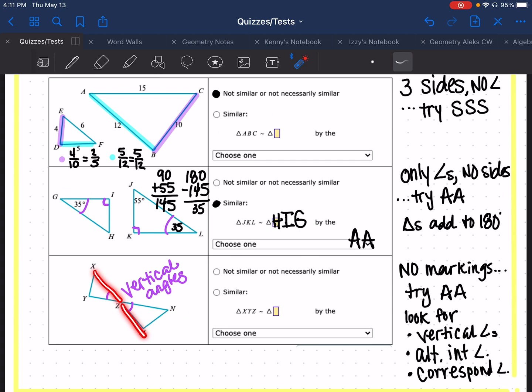These two sides intersect at Z, as do these two sides intersect at Z. I can't do these. There's nothing else. I can't figure out the length of these two like I could up here. And likewise, I can't find them here. I'm going to say not similar, or they're not necessarily similar. They didn't give me enough information. Good luck, guys.